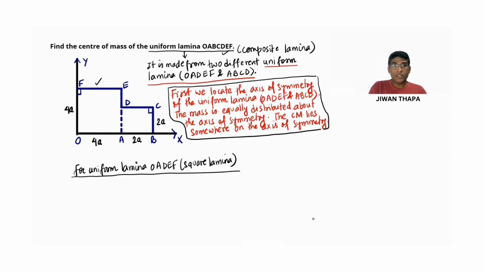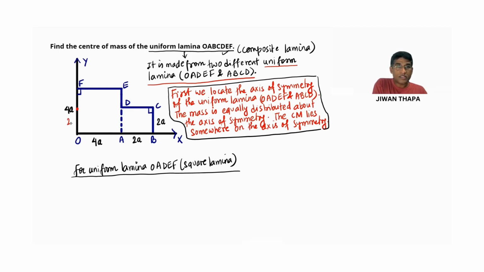So as I said earlier, we determine the position of the axis of symmetry. Now, in order to find the axis of symmetry, what we do? This is the midpoint, roughly, of the side OF.